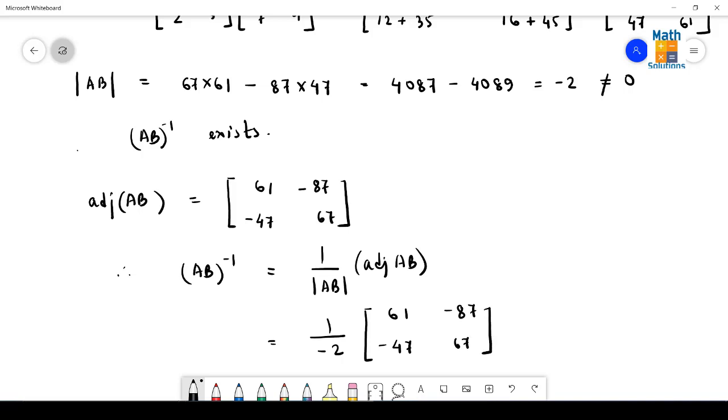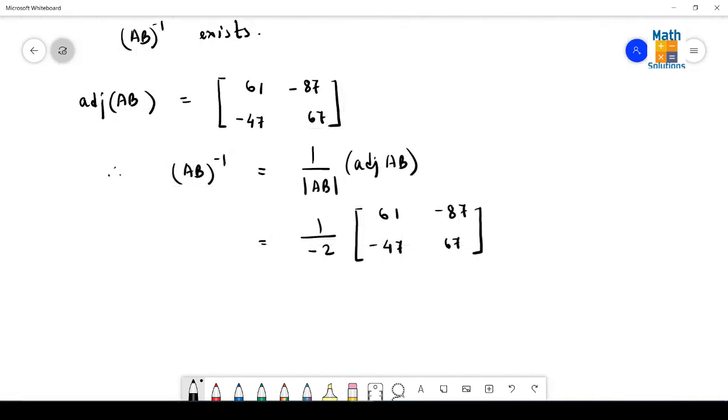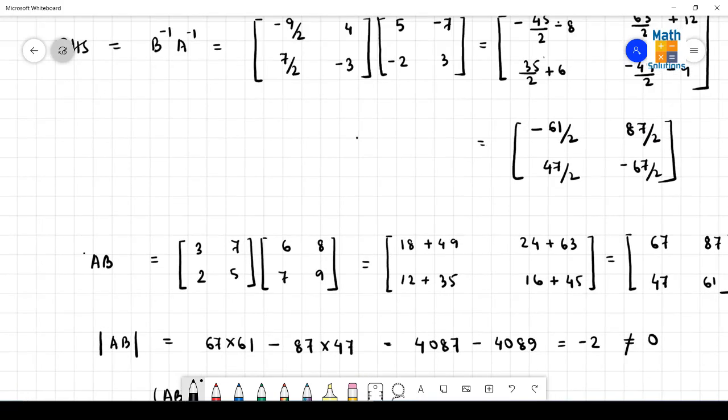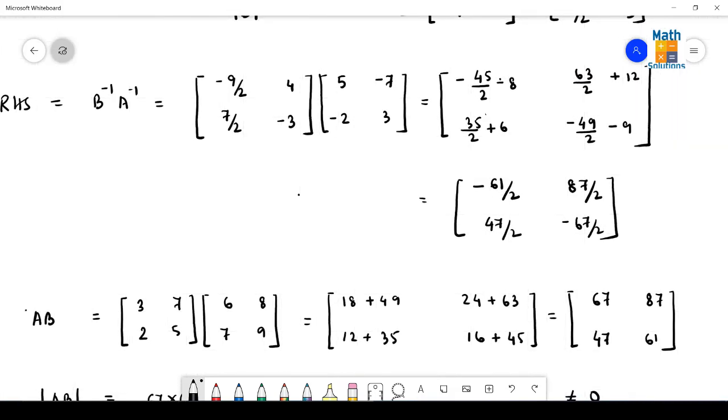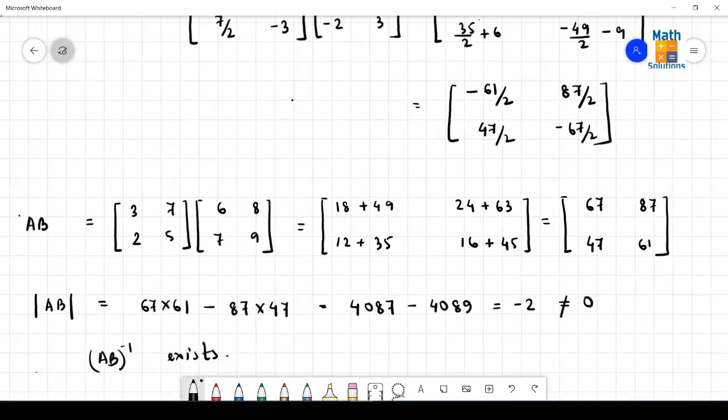So after this we get the result is 61 minus 61 by 2, then 87 by 2, then after 47 by 2, then after minus 67 by 2. Now let us check whether this is similar to the previous result or not. Yes, this is same with the previous result, that means RHS.